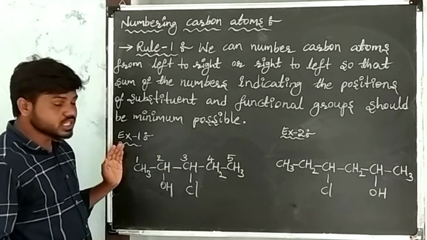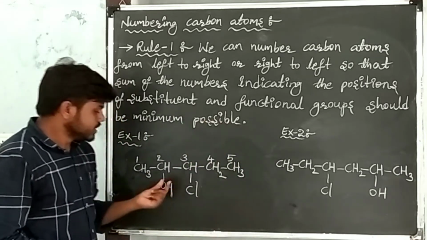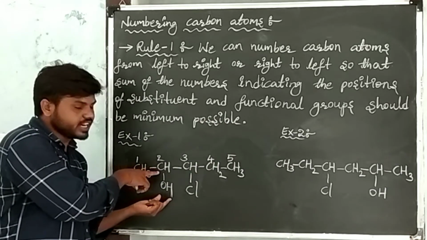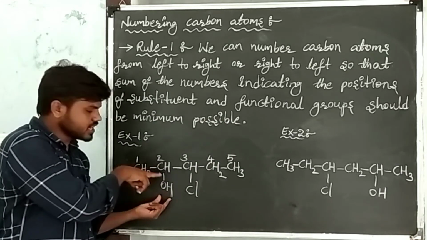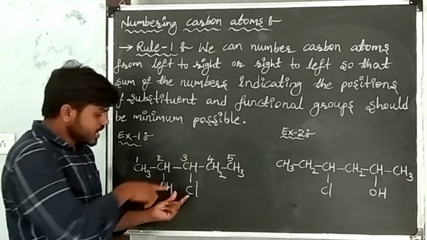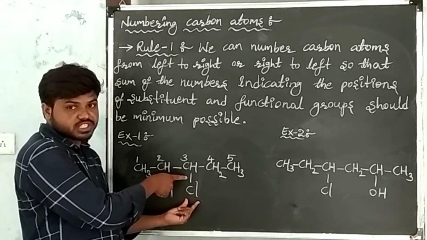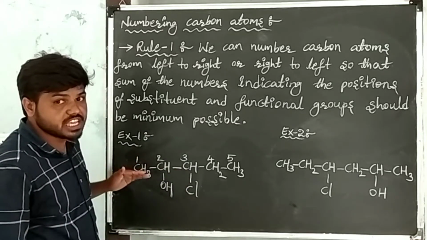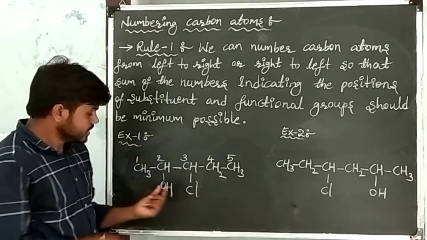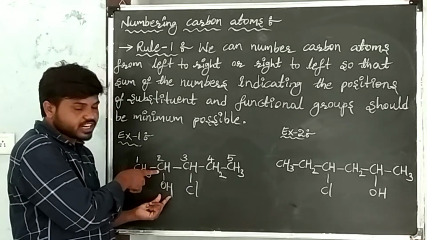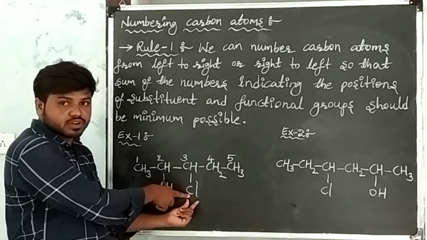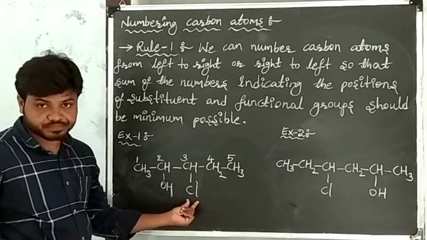When I give numbers from left to right, the position of alcohol is second carbon, and the position of chlorine is third carbon.